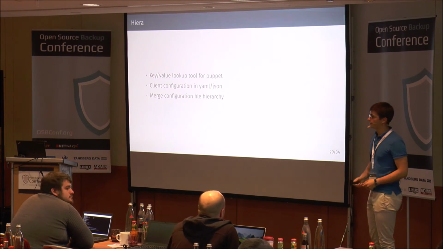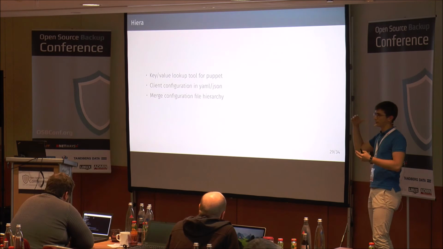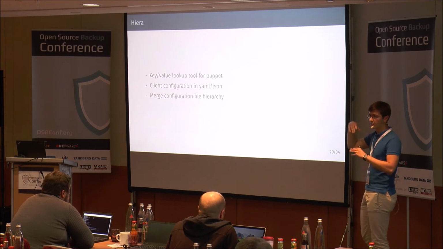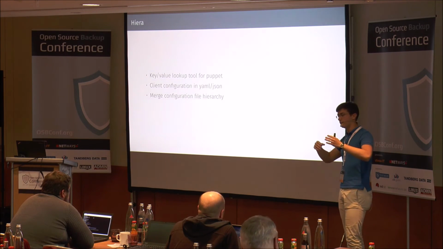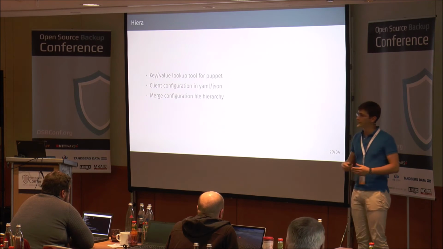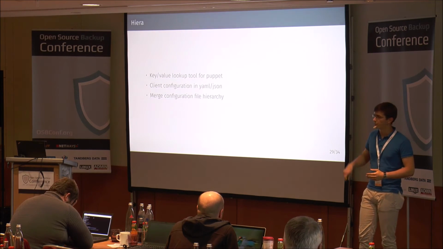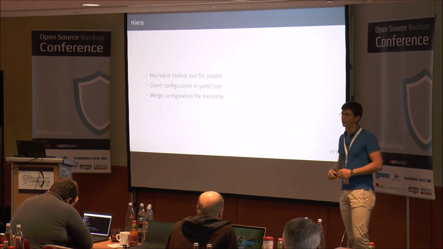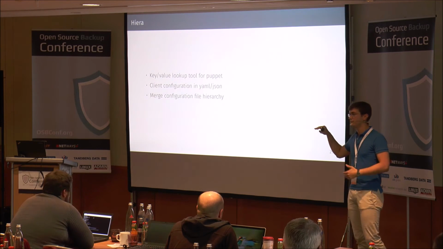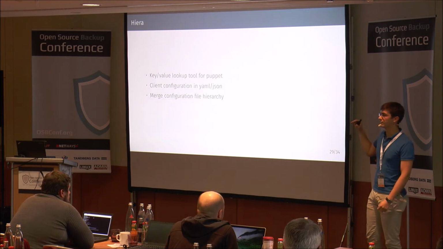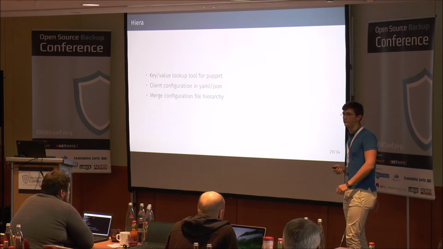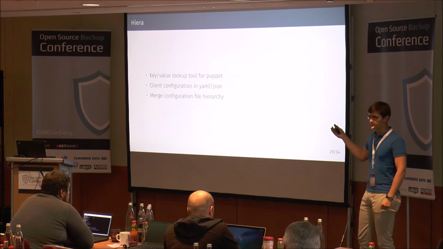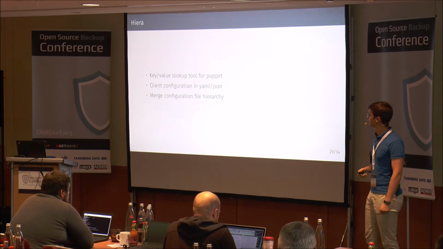So if I have a common.yaml for a customer, and I have other YAML files, each for one client, the default setup can be done in the common YAML, and everything that is client-specific can be done in the YAML specific for this client.